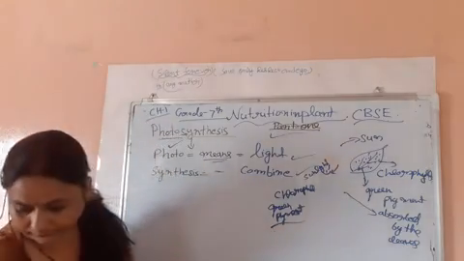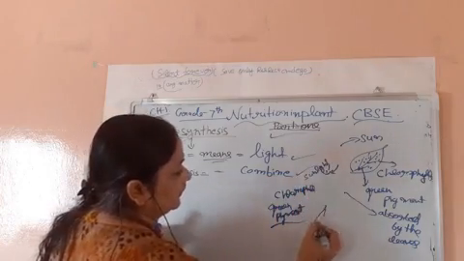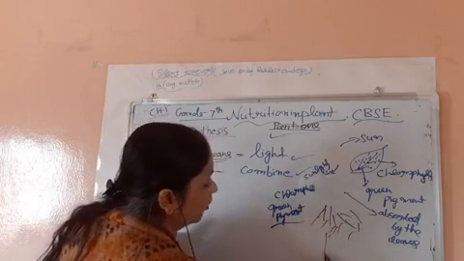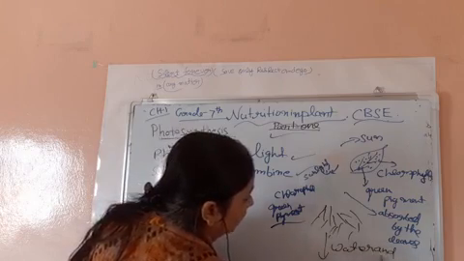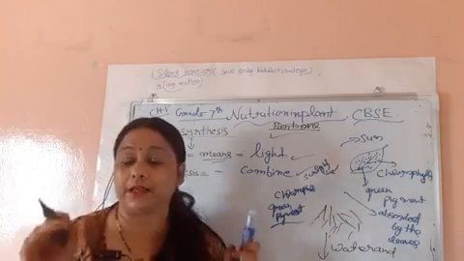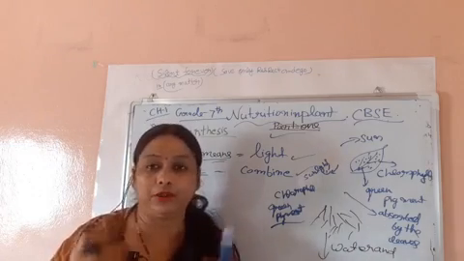During this process, the root absorbs water and minerals from the soil. This water and these minerals are very necessary factors for photosynthesis.